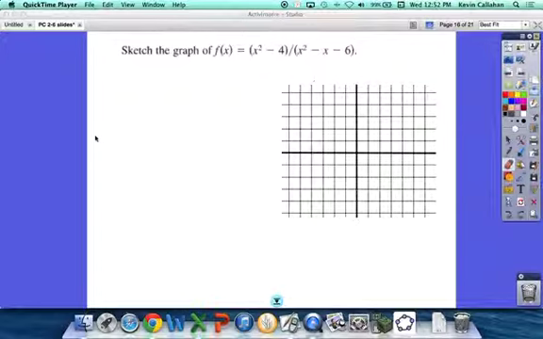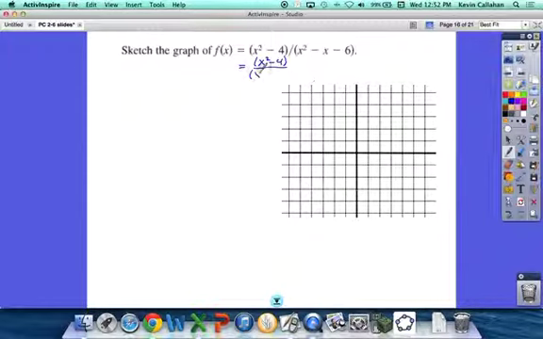So sketch the graph of this function. And again, I'll write this function like this because it looks easier to see: x squared minus 4 over x squared minus x minus 6, and then factor the numerator and factor the denominator.